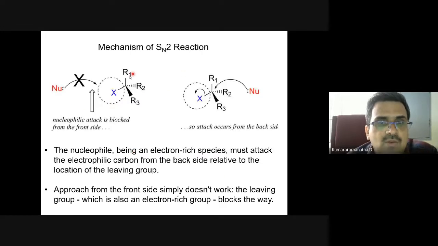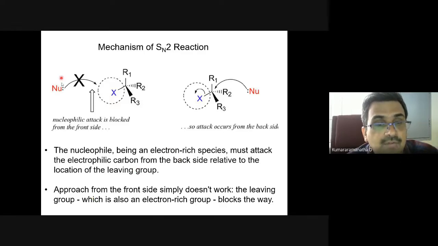Okay. So this is the mechanism of SN2, how the nucleophile is blocked on the front side and how it occurs on the back side. Now, this is a very important point. The nucleophile, since it is already electron rich, must attack the electrophilic carbon, which has delta plus, from the back side as compared to the leaving group.